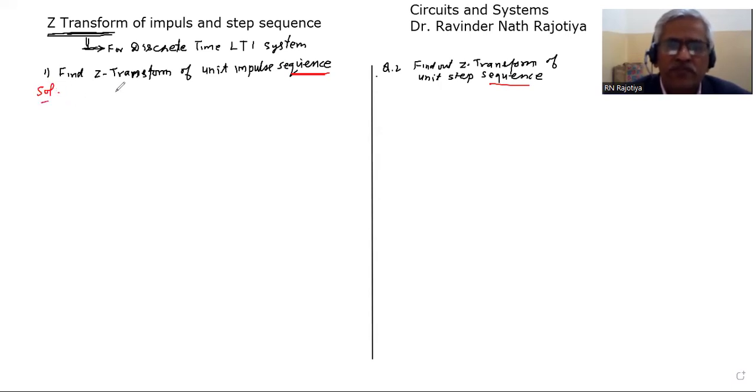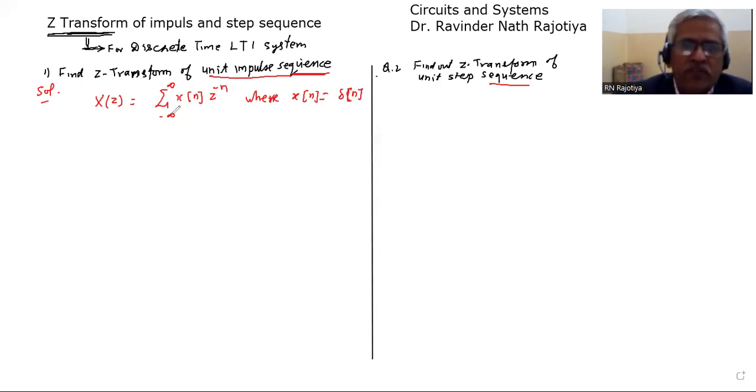We know that X of z is the summation from minus infinity to plus infinity of x of n into z power of minus n, where x of n is the unit impulse sequence.